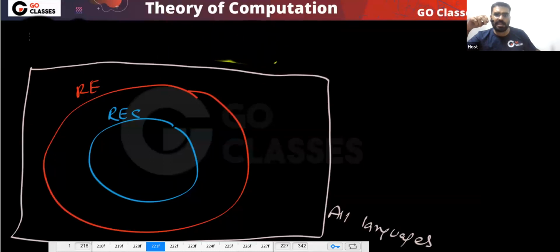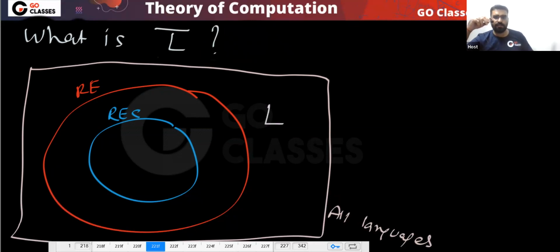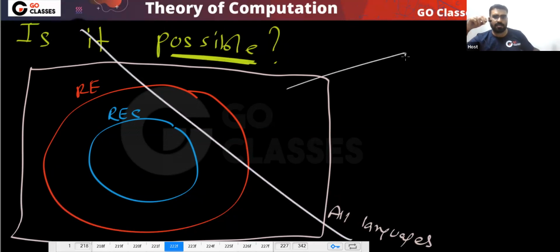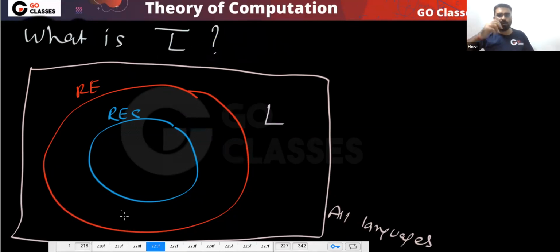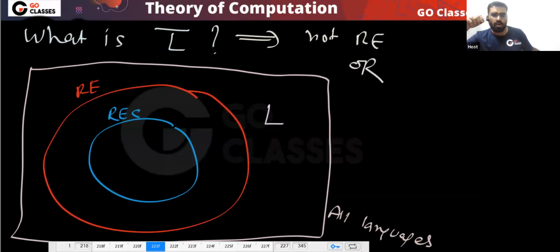If L is here, then where is L complement? Now the question is, what is L complement? If your L is here, then definitely your L complement will be either not RE, or it will be RE but not REC.